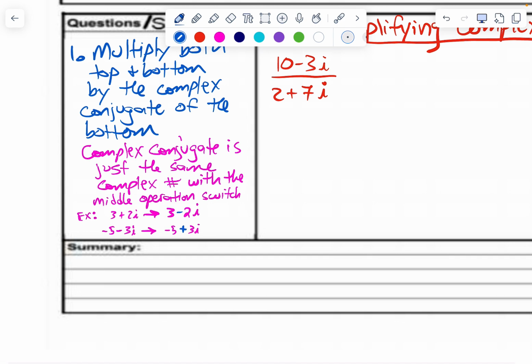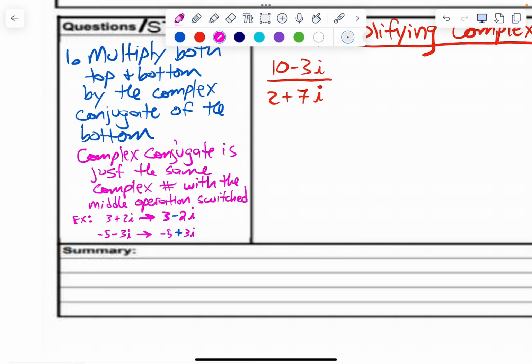Switch the minus to a plus. Okay? So the complex conjugate, all you do is just change that operation in the middle. Switched. Okay.